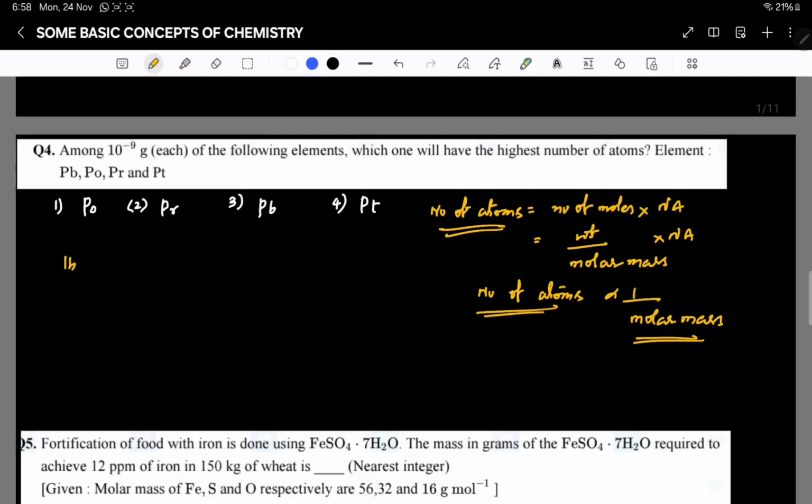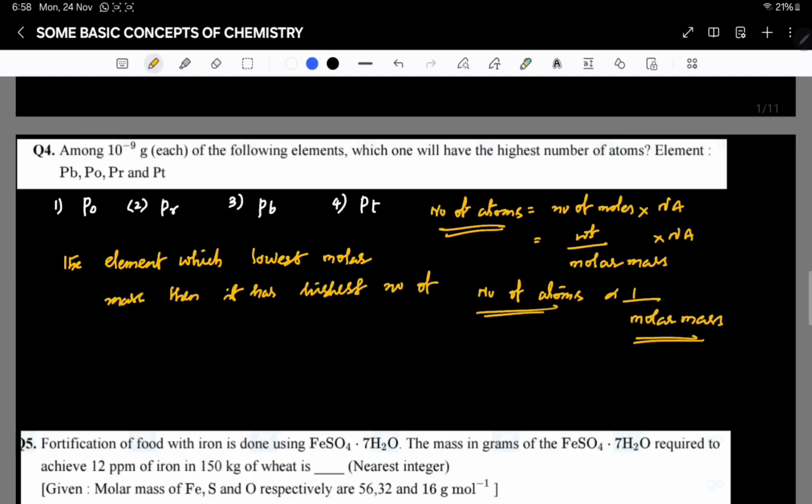So the element which has the lowest molar mass has the highest number of atoms. That's it, student, this is the concept.